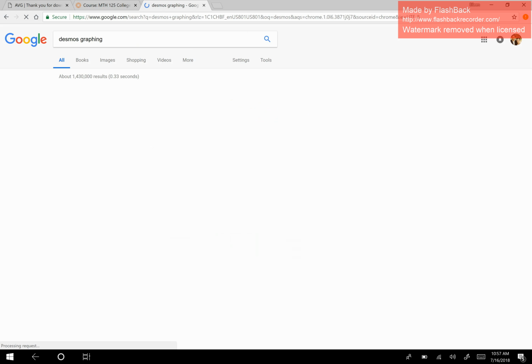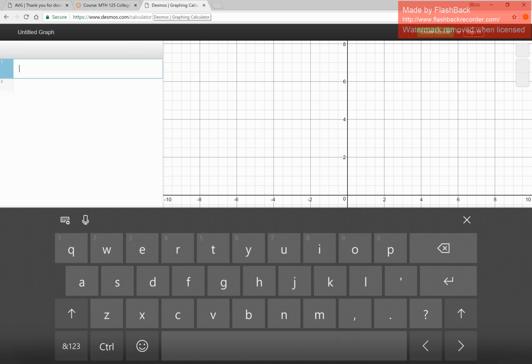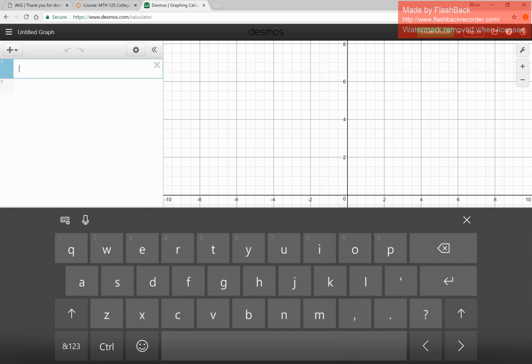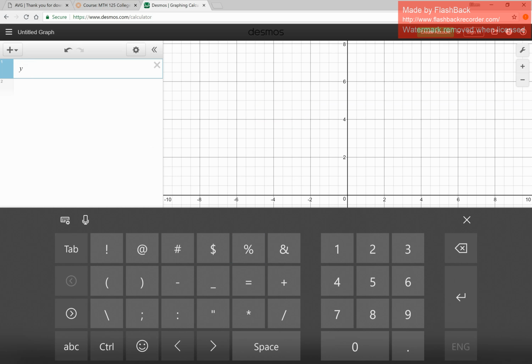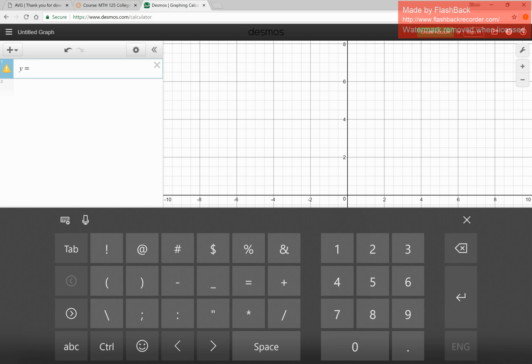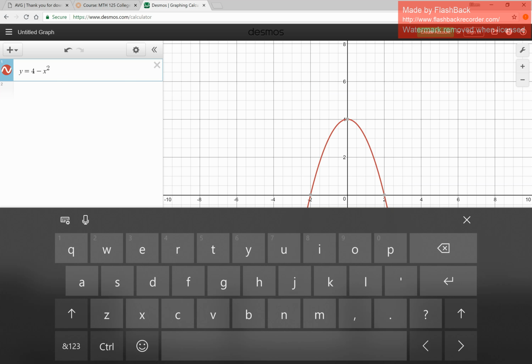Just type that in, you get there, and click on that. All right, here it is. So here we're going to write y equals 4 minus x squared. There we go. Sorry.